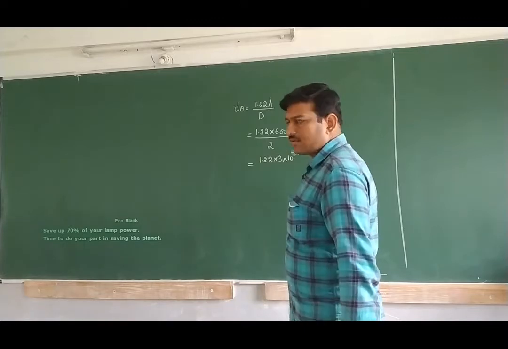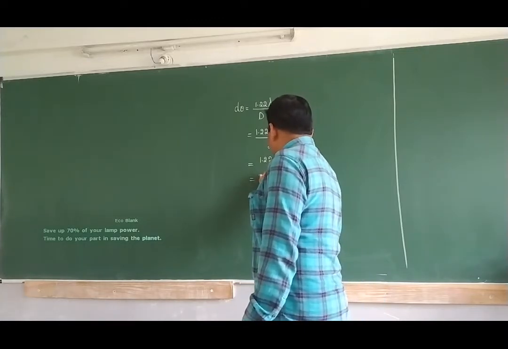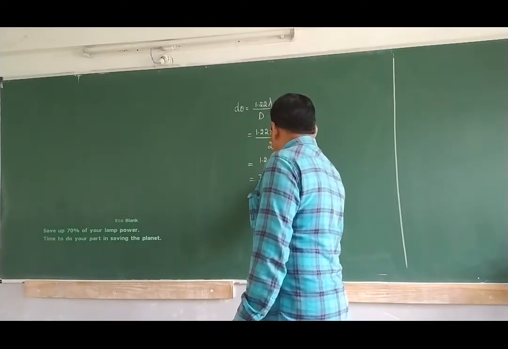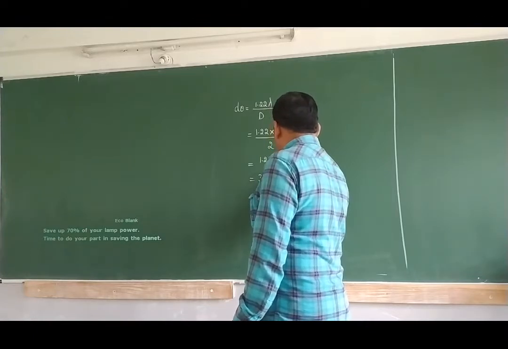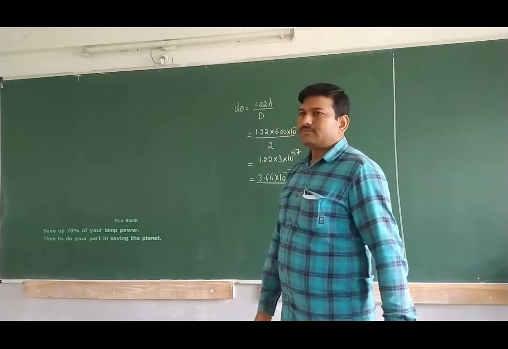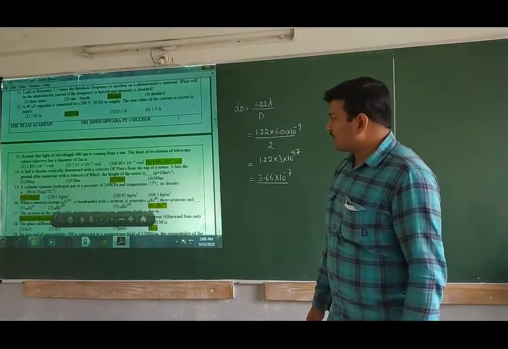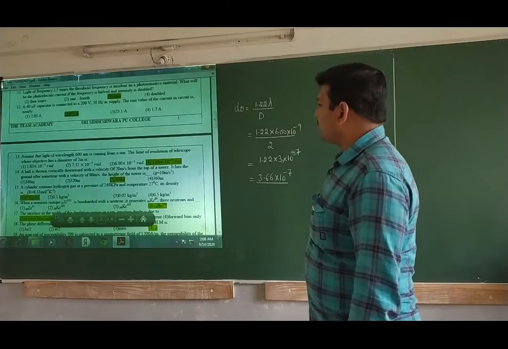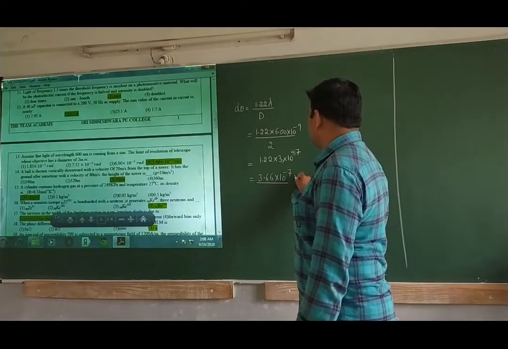So this is 3.66 into 10 to the power of minus 7. Please check which is the answer given. So 3.66 into 10 to the power of minus 7 radians is the answer.